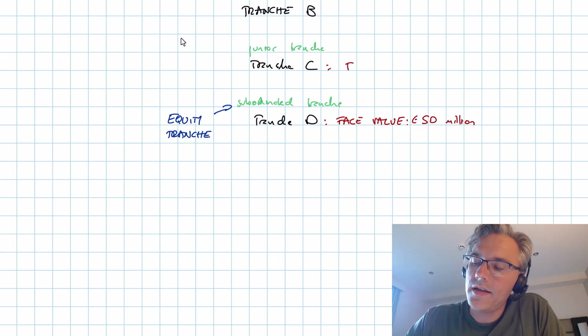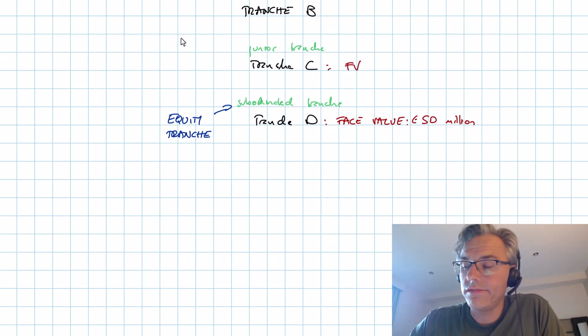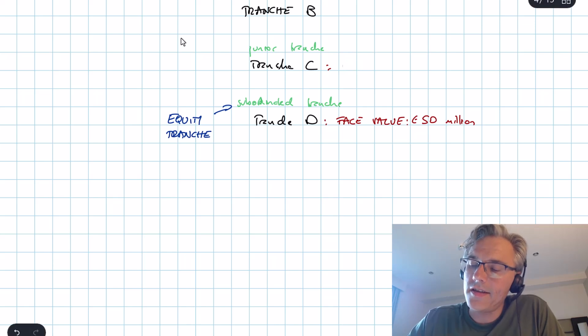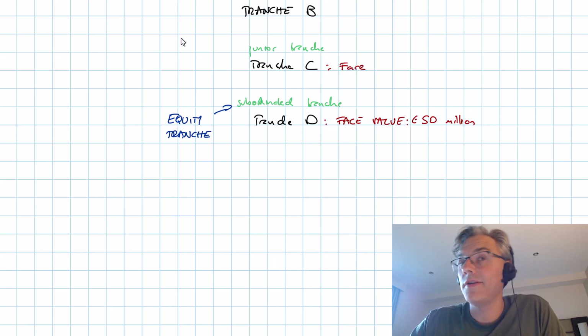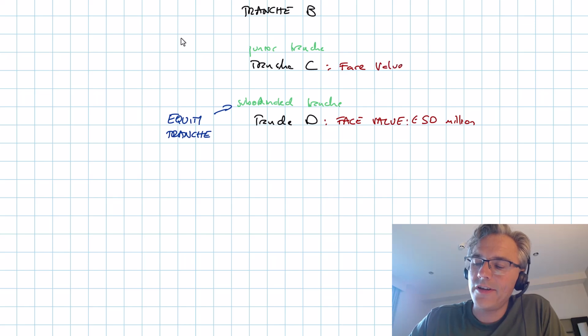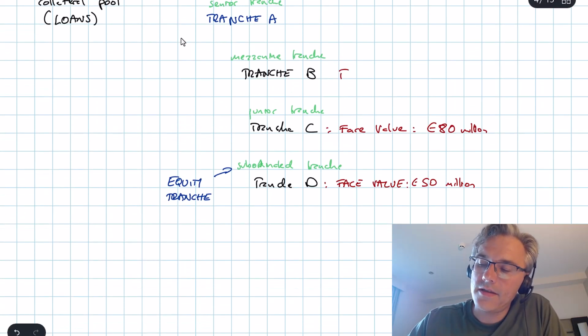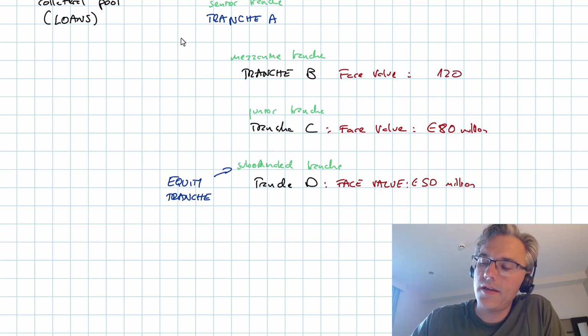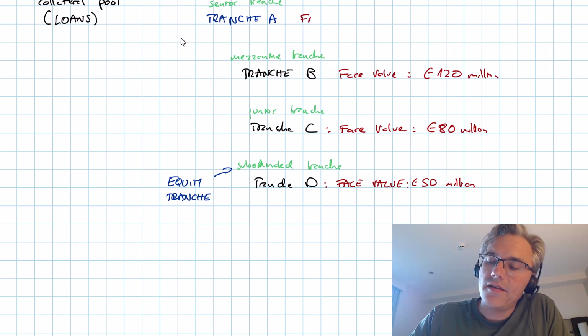Maybe this one has an FV, though FV in the CFA curriculum may be confused with future value from time value of money, but let's say this one has 80 million of face value, and this one has something like 120 of face value, and the top one, the most senior one, a face value, let's say, of 150.